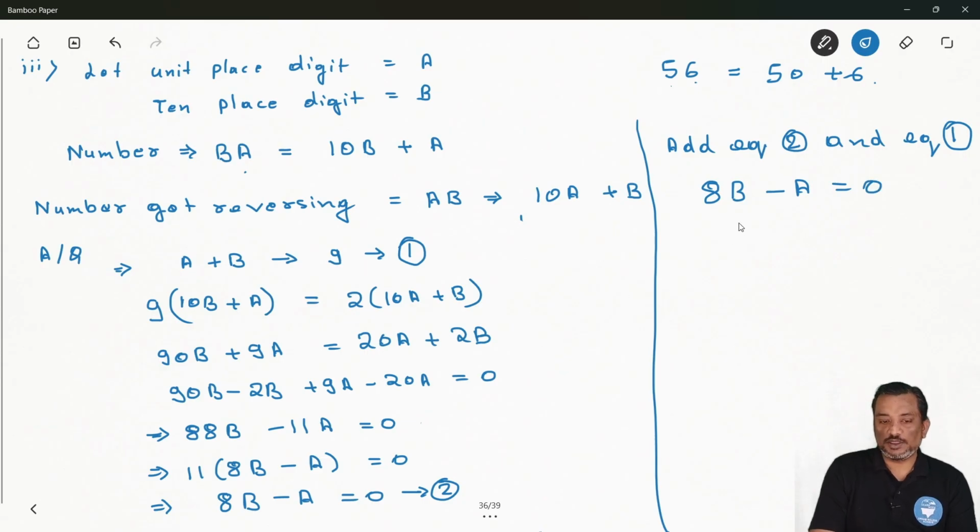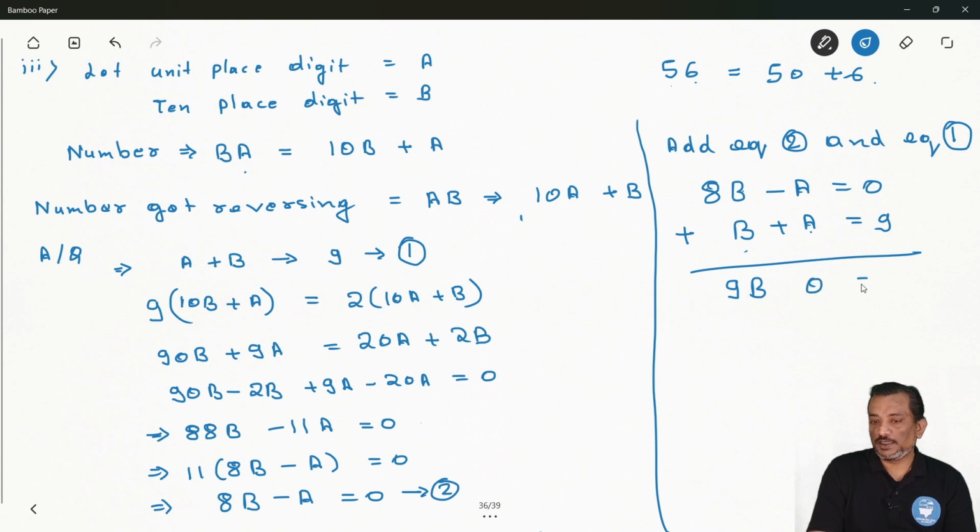Now the second equation you can write in the same order. So you can say the second equation you have how much? b plus a is equal to 9. Okay, so now you can add them both.